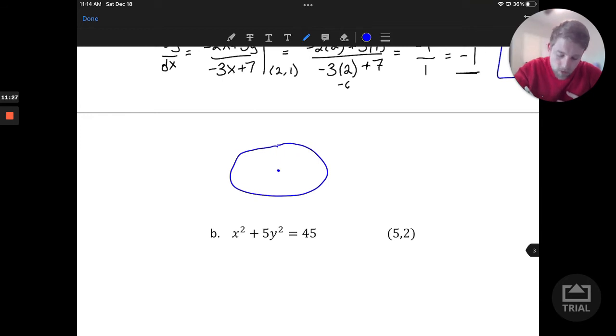If this is the origin, (5, 2) might be somewhere over here, and our tangent line might possibly look something like this, with some negative or decreasing slope. So we'll look at the actual graph soon, but that might be something to think about. Based on that analysis, we probably should have a negative slope here. So we'll try to check that when we go to the actual graph as well, and see if that lines up.